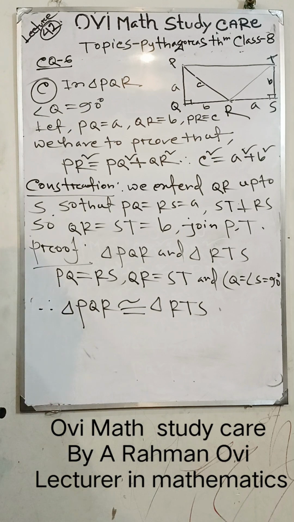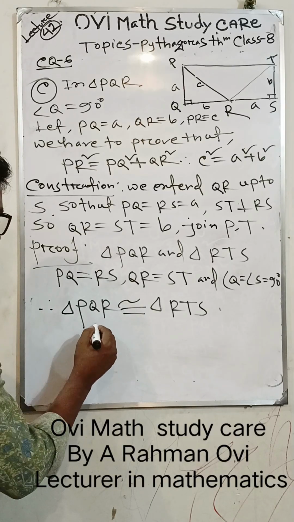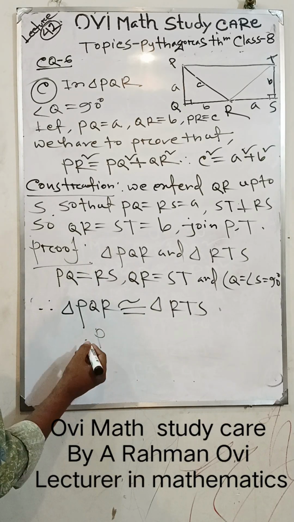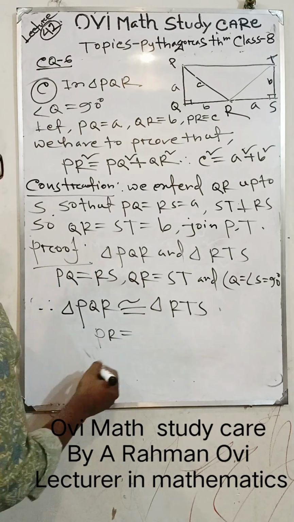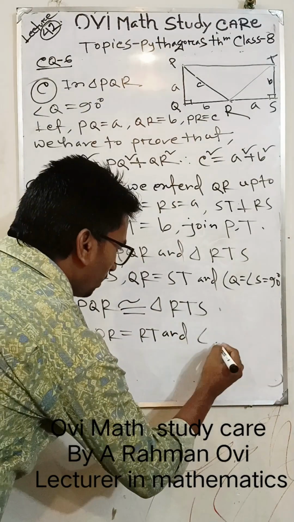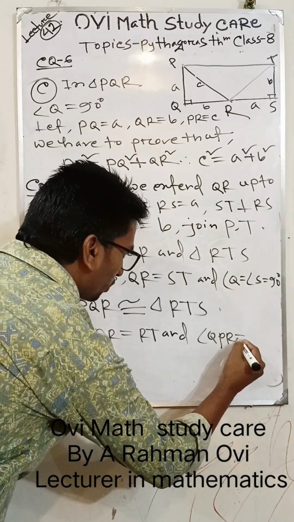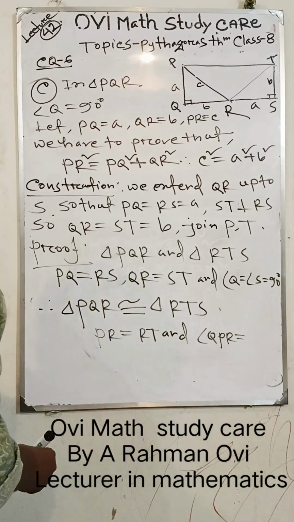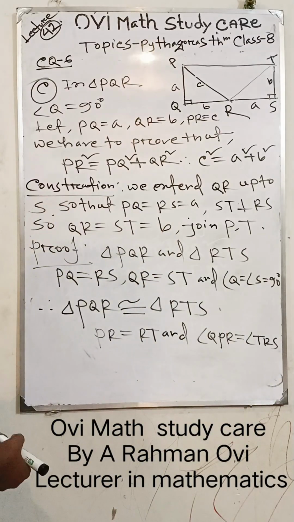These are equal, so we can write PR equal to RT, and angle QPR equal to angle TRS.